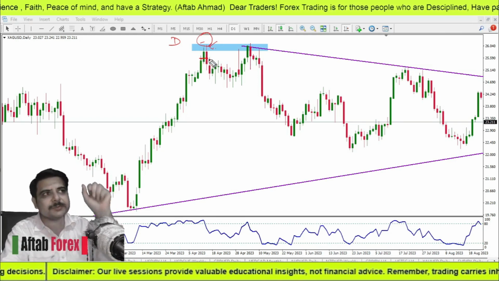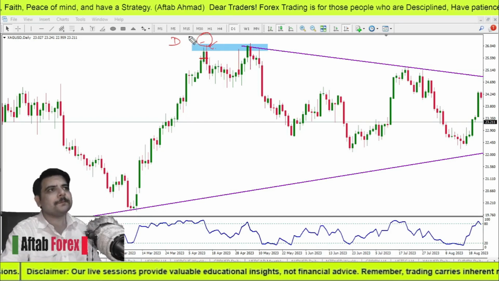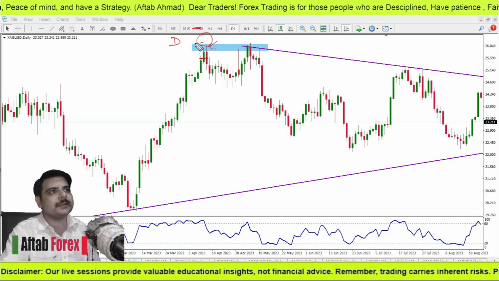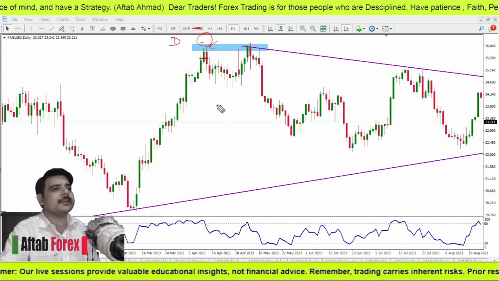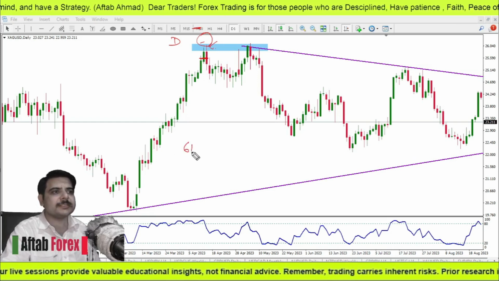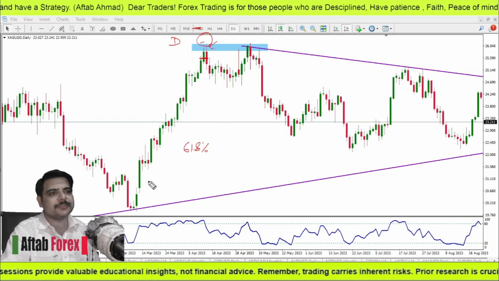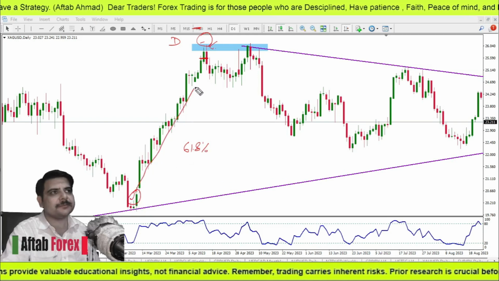So a trader jumps into the trade, sets a stop loss up there, enters right here and aims for the 61.8% retracement of this impulsive wave.